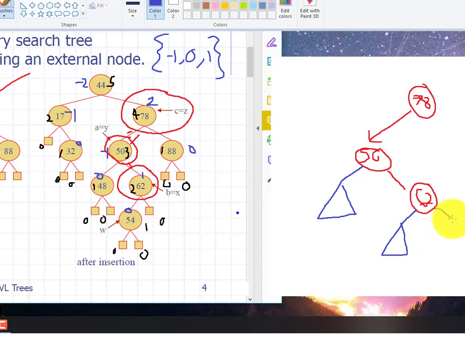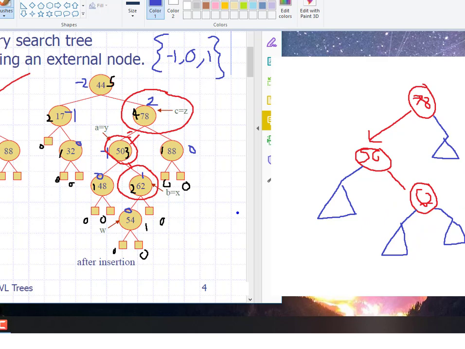As the right child of 62, there may have been another subtree. As the right child of 78, there may have been another subtree. And we see that there could have been 4. All right, there's a possibility. You may have had external nodes, like here, for example, this subtree here was an external node. You can see it. Okay, you may have had external nodes, but it doesn't matter. Whether it's an external node or not, it's still a subtree.